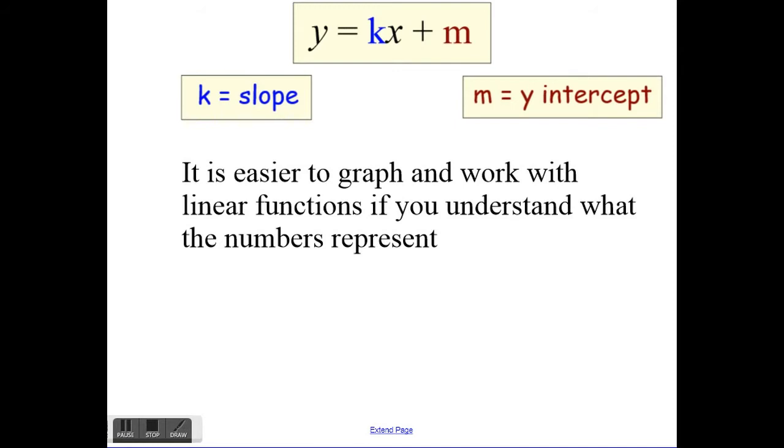So here, now, we'll talk about what those numbers, or in this case letters, actually mean. So k represents the slope, which as I said is also the gradient. Because in your book, it will ask you to find the gradient of these lines. Okay? It's the same thing as slope. And m there, or in your textbook it's c, is the y-intercept.